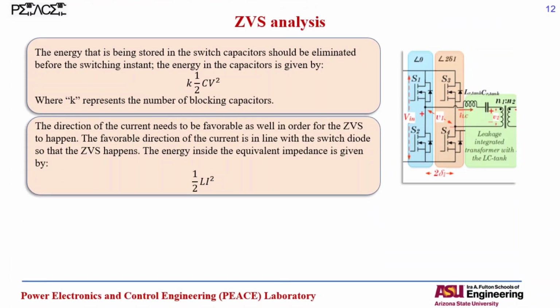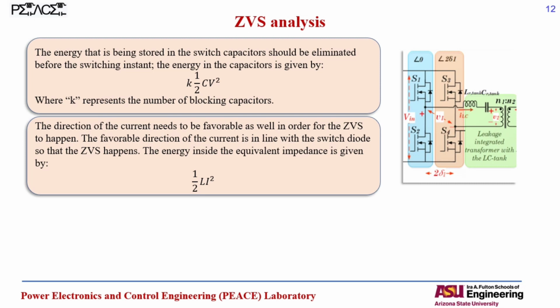In addition to the conduction loss, ZVS loss, or the switching losses, are also really important. In order to tackle the switching losses, we need to pose two limitations on the current.